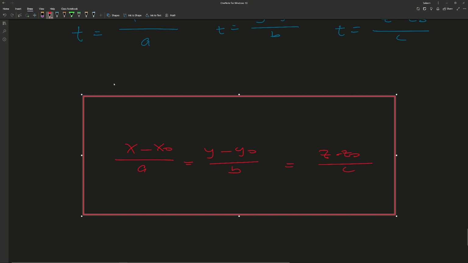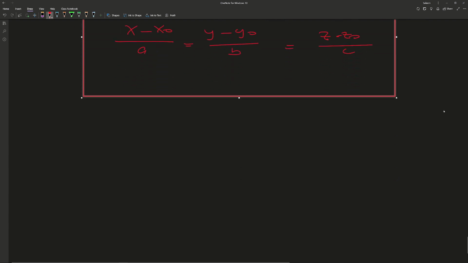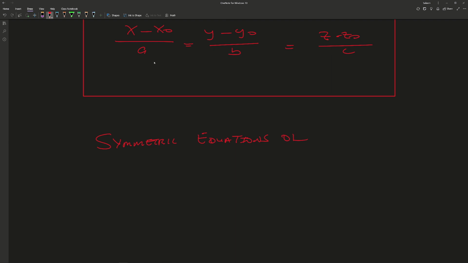So we had parametric equations; all of this now is called the symmetric equations of L. We're going to call this equation number 3.